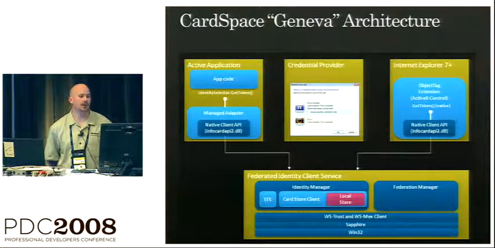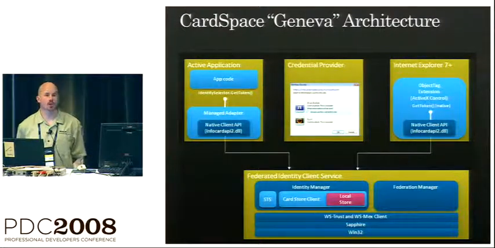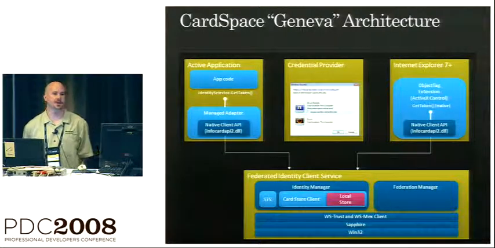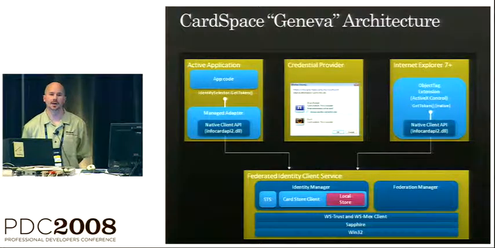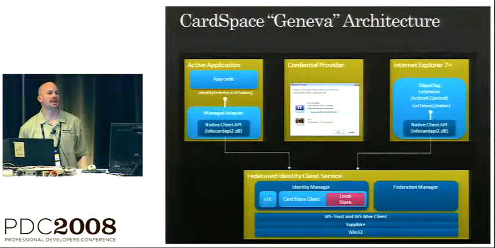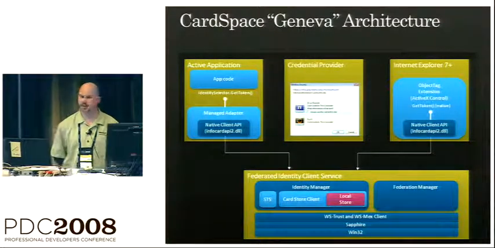Both of these paths into the system can also invoke the credential provider interface, where we've integrated the user experience into the Windows CredUI system, as opposed to a totally and wholly different system like we did in v1, where we had our own experience. In CardSpace Geneva, we rely on basic Windows UI for collecting credentials and doing identity selection.